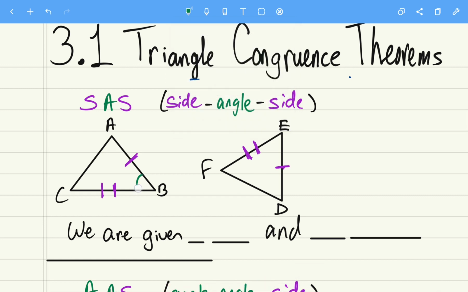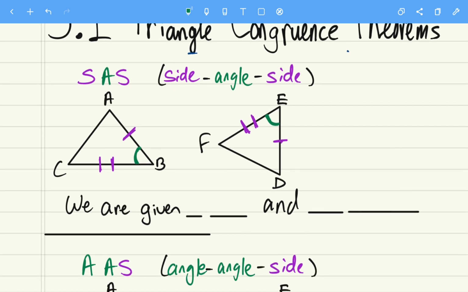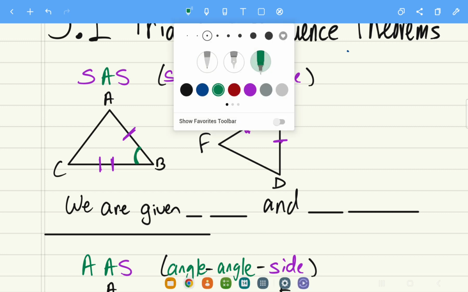And we are given the angle in between. Now that's kind of the key thing here. We have the angle in between the two sides. So that tells us we are using the side angle side theorem. Side angle side. That is enough information to determine if the triangles are congruent.